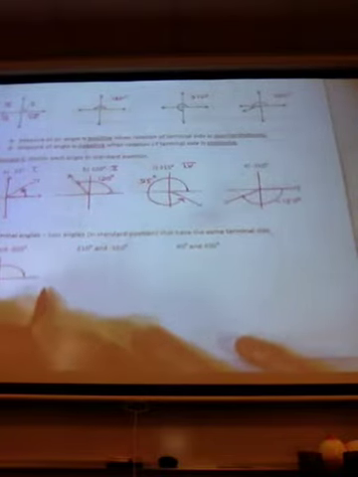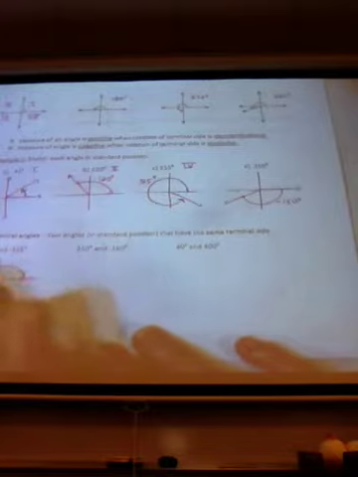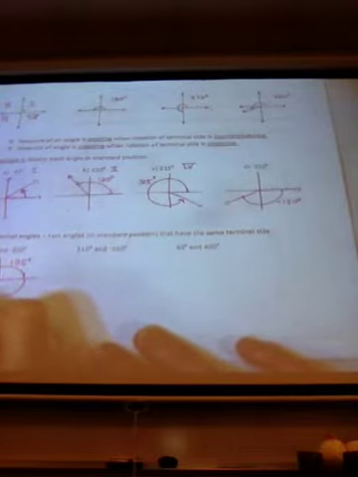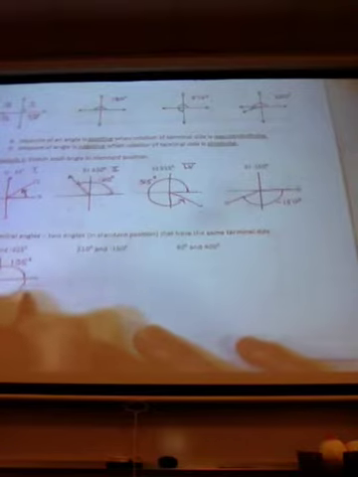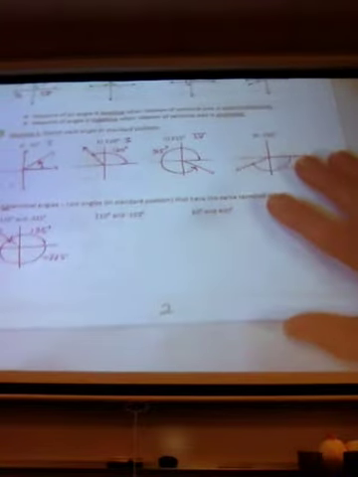Negative 225 would be 90 plus 45, right? So it's 45 on both sides. Negative 225, this is the 135, would start here. It would go down negative 180, another negative 45. So these angles are coterminal.